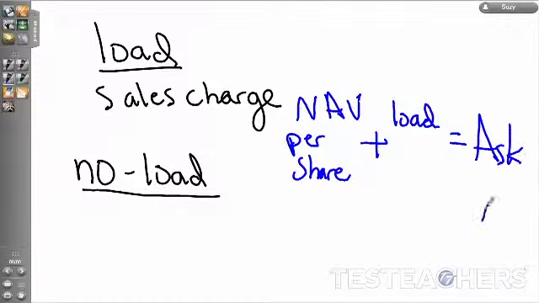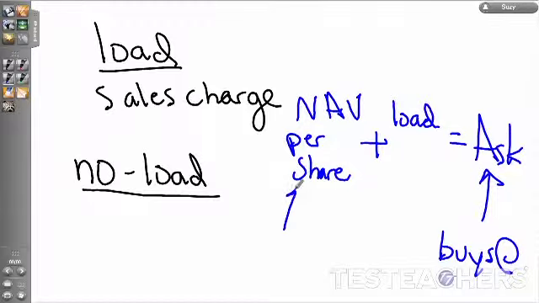The client buys at the ask. When the client redeems their shares, they redeem at NAV per share. So the client buys at the ask. This is a front-loaded sales charge in this example.